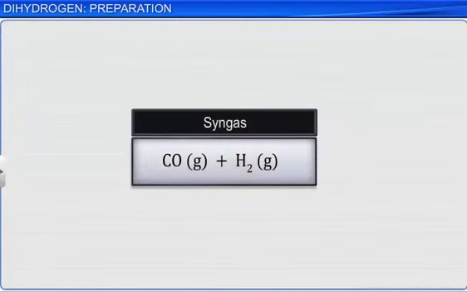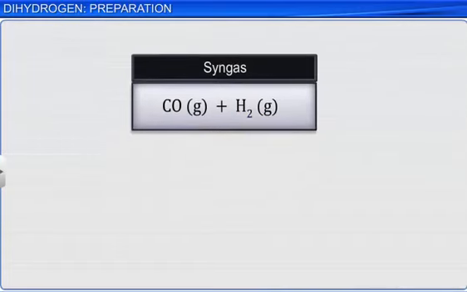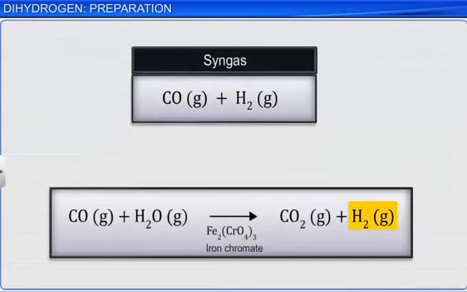Therefore, the production of dihydrogen is increased by reacting the syngas with steam in the presence of iron chromate as a catalyst. The reaction produces a mixture of carbon dioxide and dihydrogen. The carbon dioxide produced is removed from the mixture by scrubbing with sodium arsenite solution.